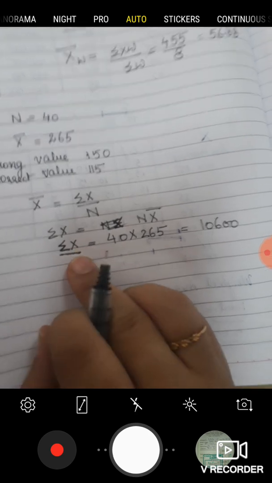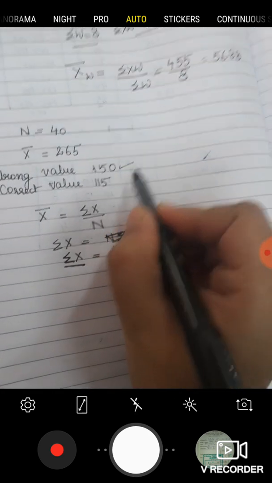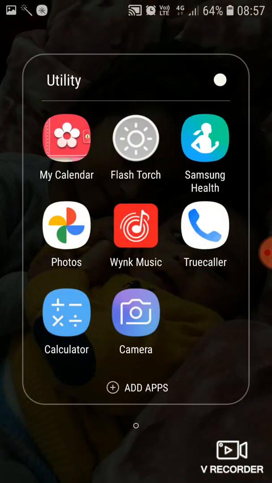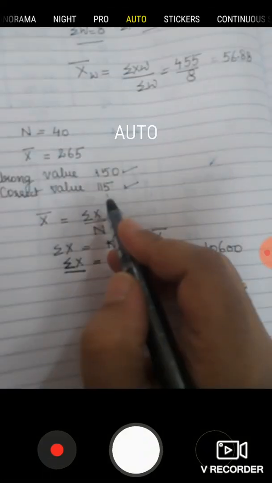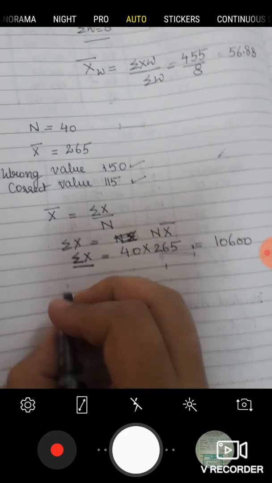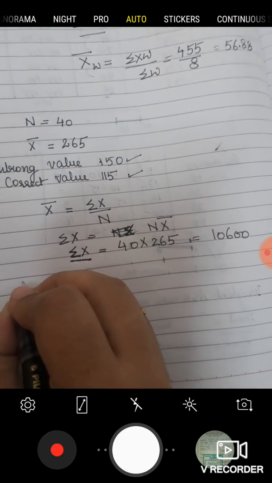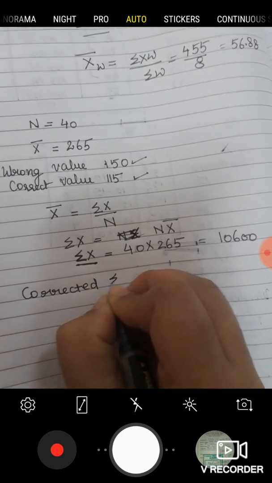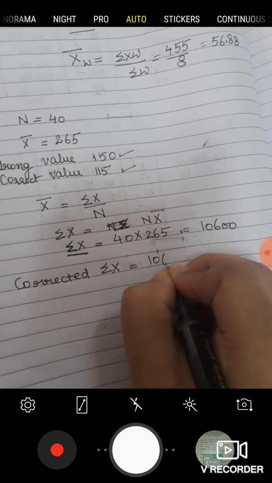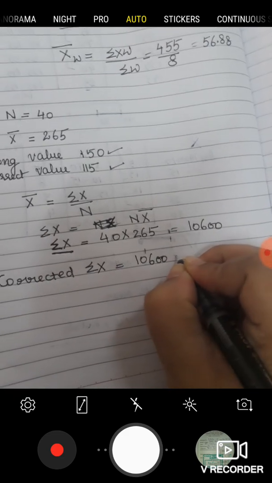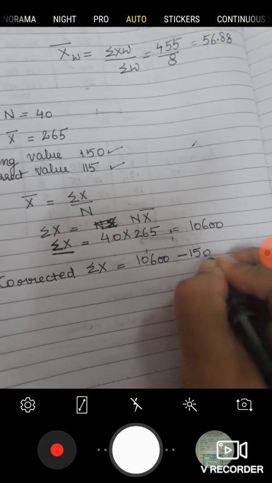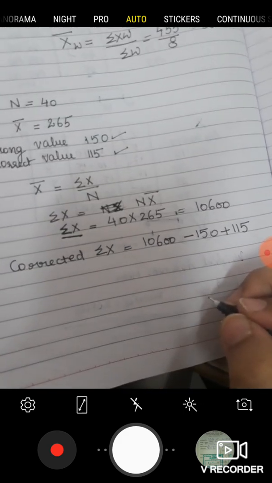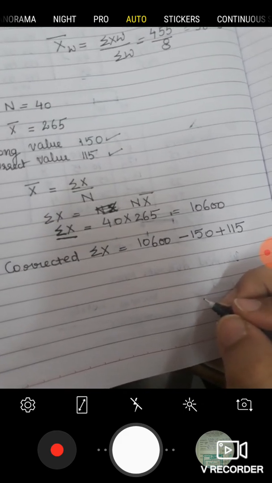Out of these values, one value is wrong and one value is correct. So we have to reduce the wrong value and add the correct value. How will we do that? We will find the corrected summation x: from 10600 we will deduct the wrong value and add the corrected value.